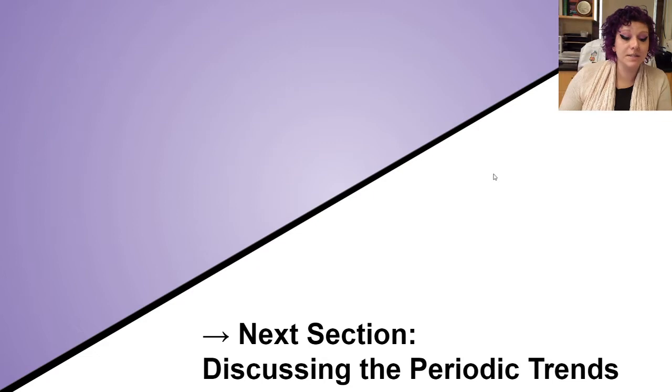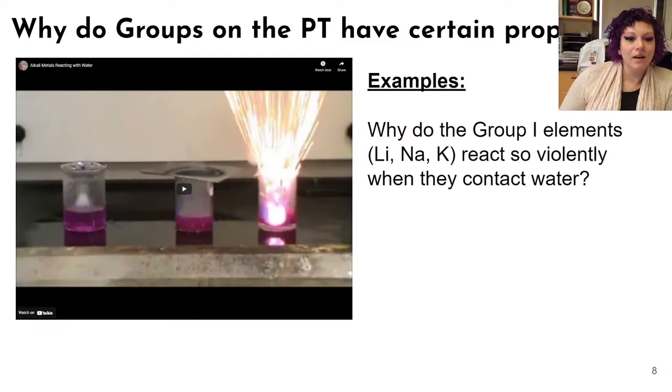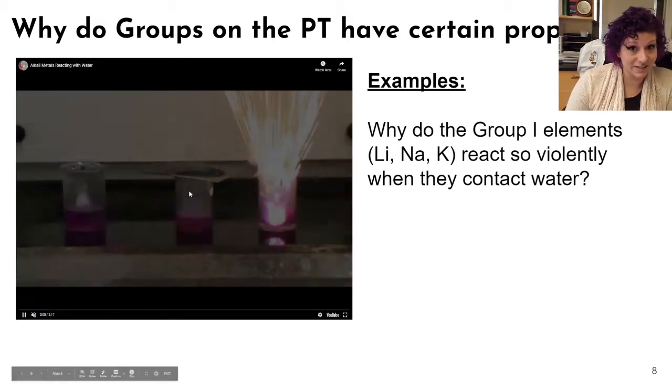All right, next up, periodic trends. Specifically, we will be discussing here, why do we care? Why do we care about these trends? And really, it's because they help explain a lot of the group properties, so those columns of properties. So for example, why do the alkali metals of group 1, lithium, sodium, potassium, react so violently when they contact water?